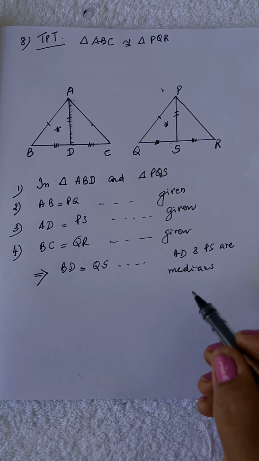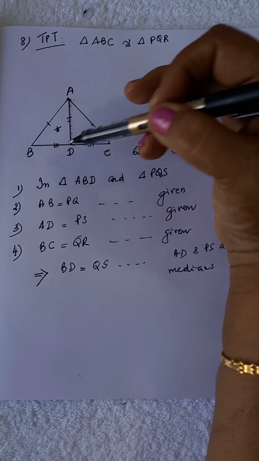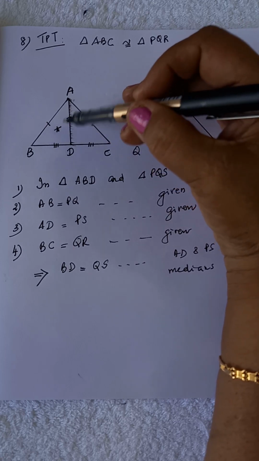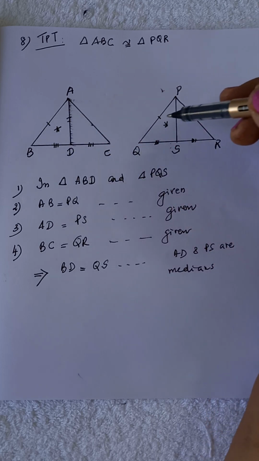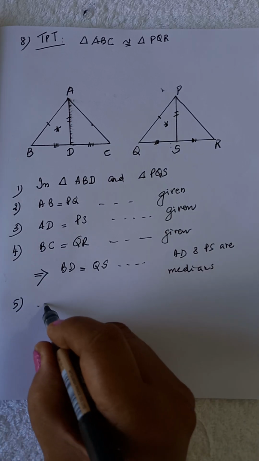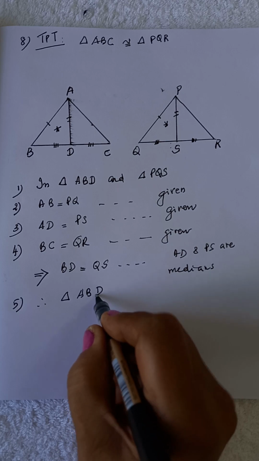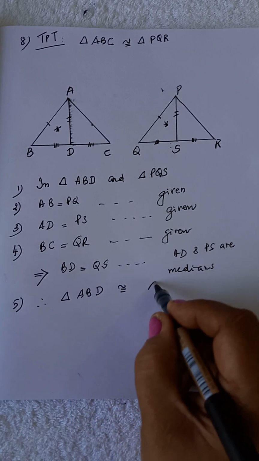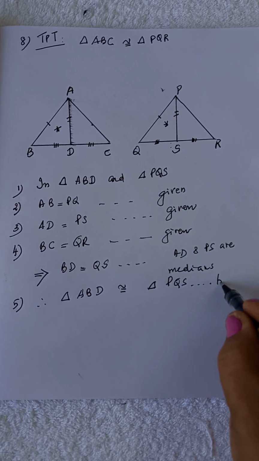So we got this side AB, then AD, then BD. So three sides as equal in the case of these triangles. So the fifth point we can write, therefore triangle ABD is congruent to triangle PQS. What is the reason? By SSS test, side test.